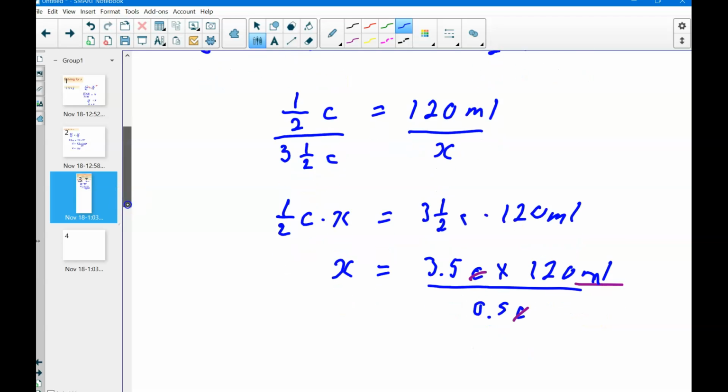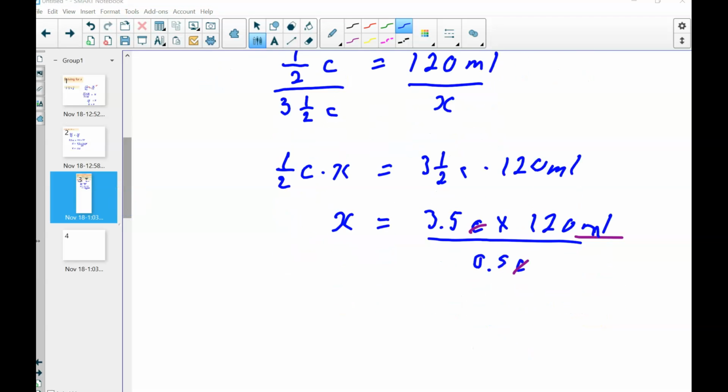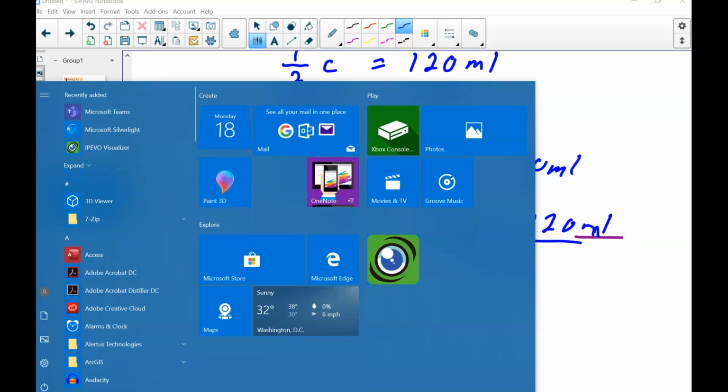So awesome. And we're going to use our calculator.